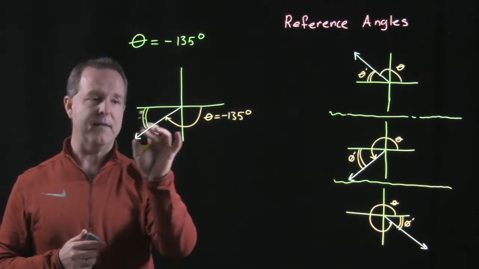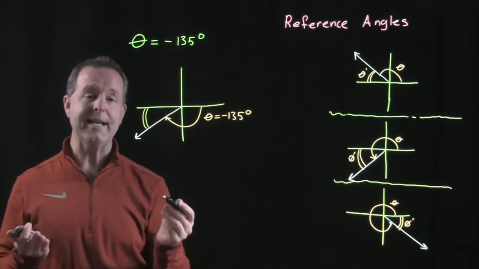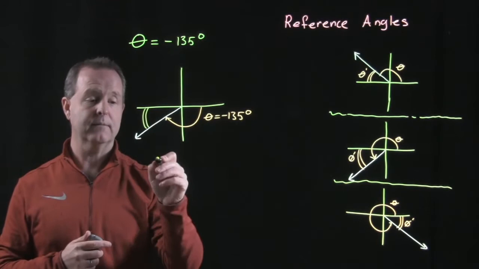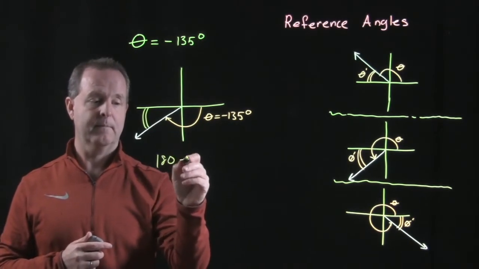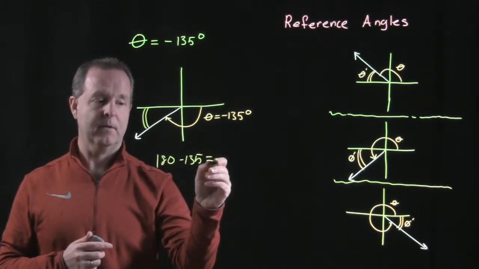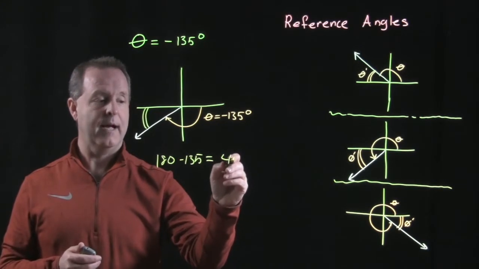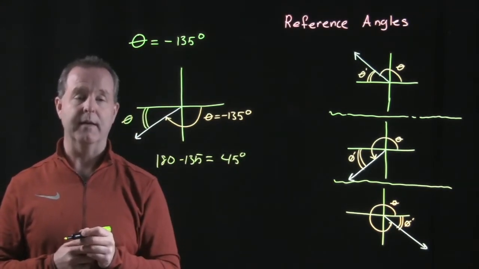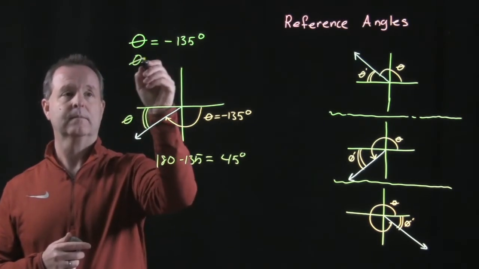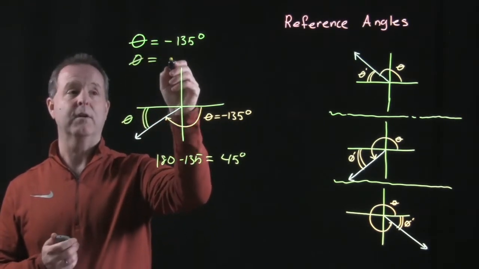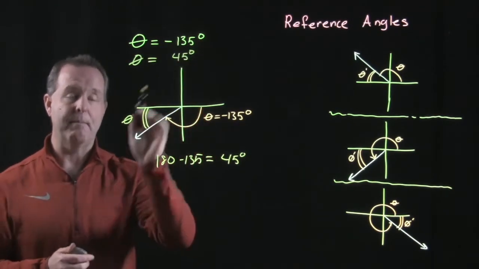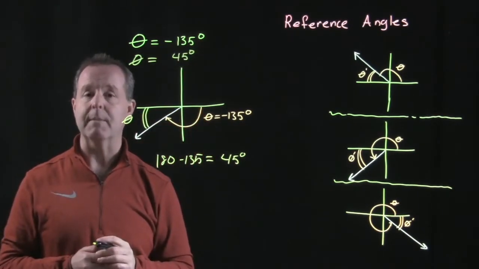So what is that remaining amount? Well, if I remember that the entire arc is 180 degrees total, and I've already used up 135 of those degrees, what's left? I have another 45 degrees left. So my reference angle then would be 45 degrees. Now notice that I have a positive because our reference angles are going to be positive angles.